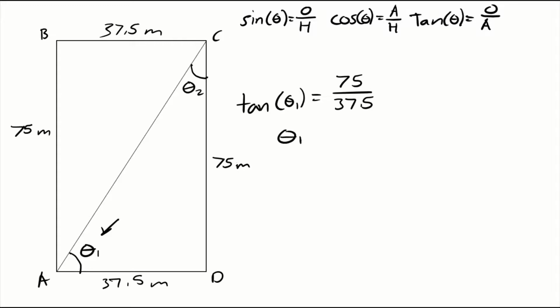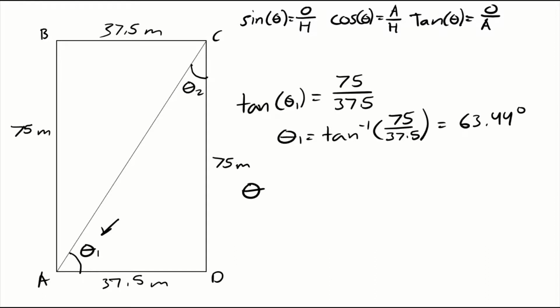Angle 1 equals the tangent inverse of 75 divided by 37.5, which equals 63.44 degrees.